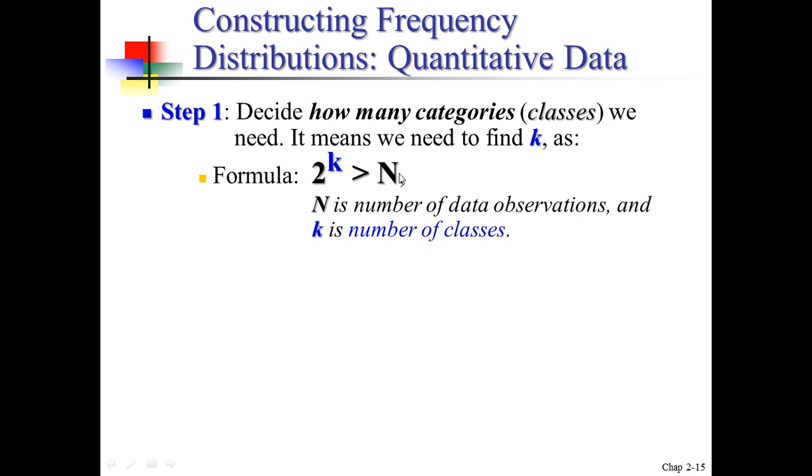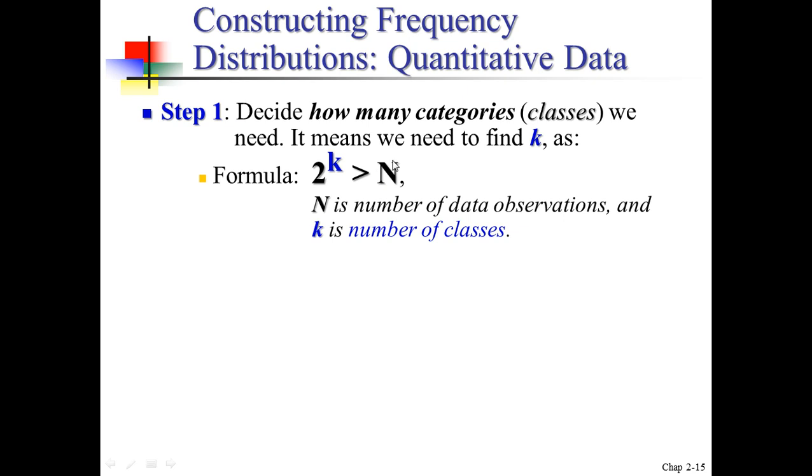If I have 50 students in the class, the class is the data set. Each student is a data observation or data item. That's why n is equal to 50.